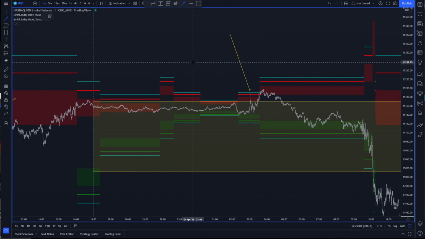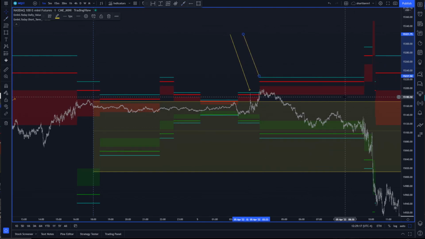And this is the other thing that I want to tell you, that you can re-enter the trade when the other fractal occurs here. So this is the next fractal, and it's even larger than the one before.